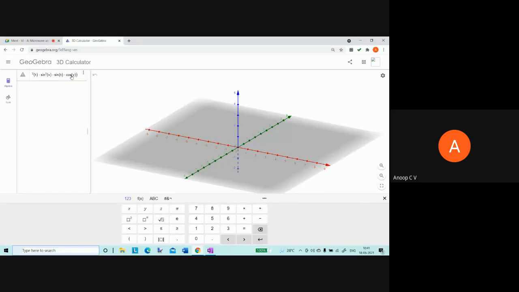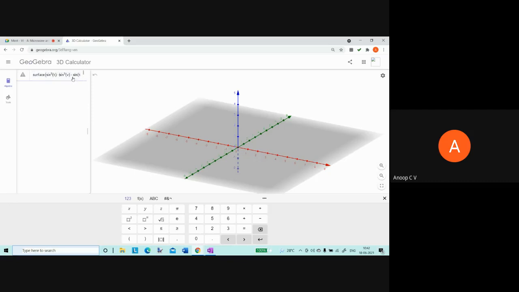Similarly, I'll copy this thing, control C. Okay, I can copy from here actually. This entire thing I can copy. Or else I'll type.